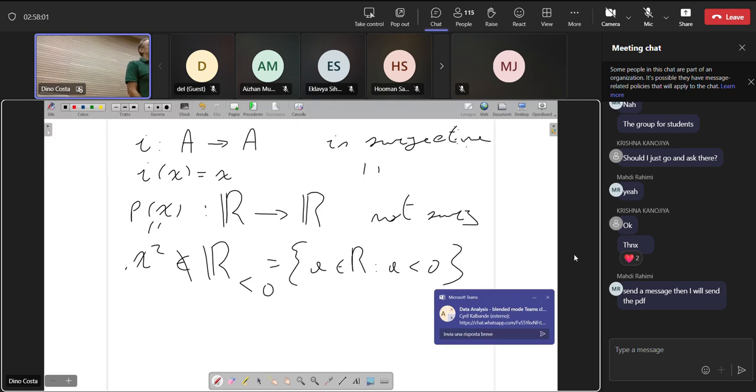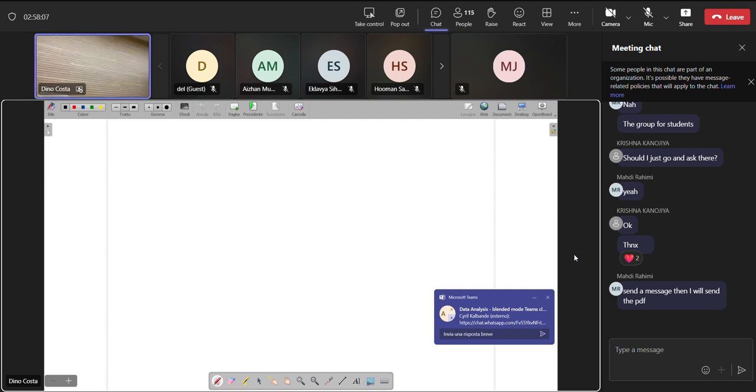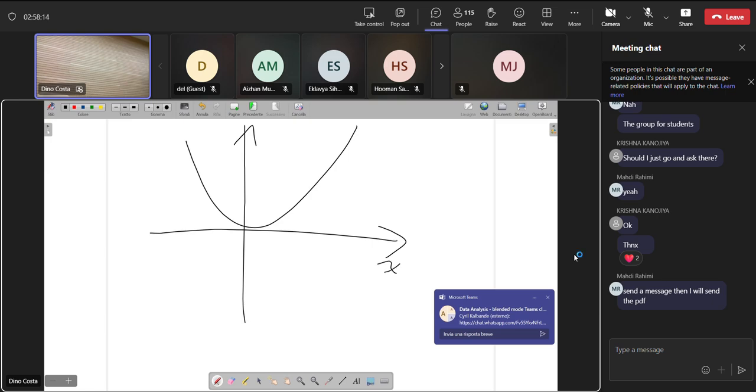So x squared is not surjective. By the picture you see, if you have the parabola, and here we have x, and here we have y, the image is this one. It's not this one, never. So it is not surjective.